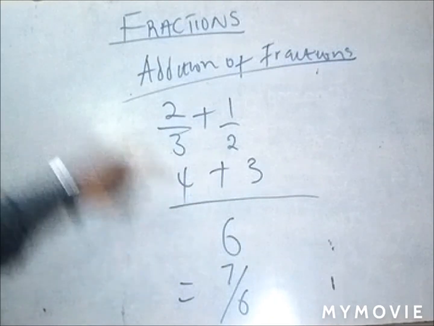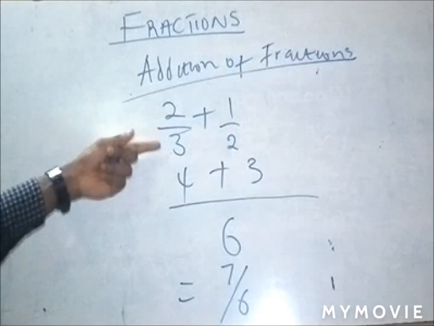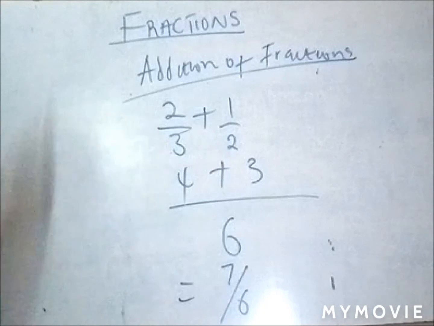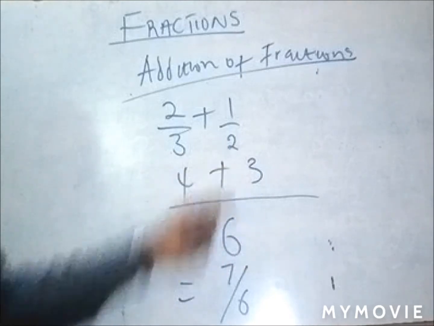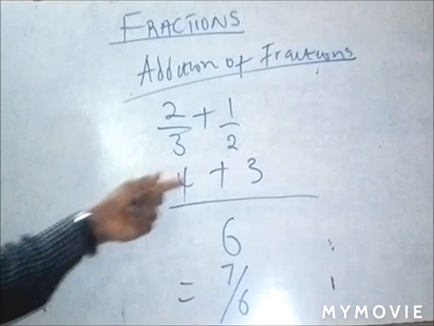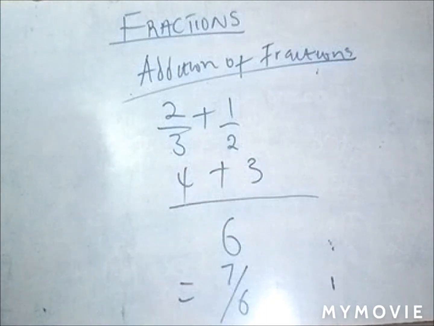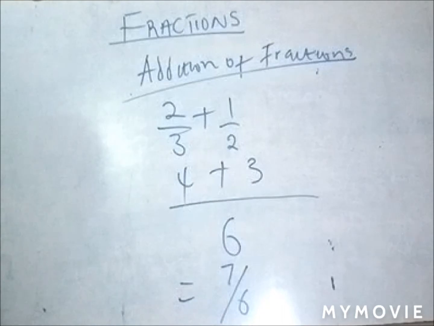Then you divide the new denominator by the first denominator and multiply by the numerator, do likewise for the next, and sum it up in the new numerator to get your final answer. So we got 4 plus 3 over 6, which is 7 over 6.